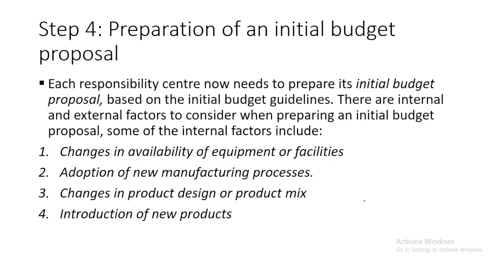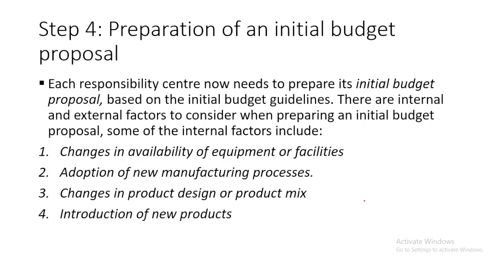There are internal and external factors to consider when preparing an initial budget proposal, and some of the internal factors might include change in availability of equipment or facilities, adoption of a new manufacturing process, change in the product design or product mix, and introduction of a new product. Mostly when we consider a new budget, these are the internal factors that you will consider.